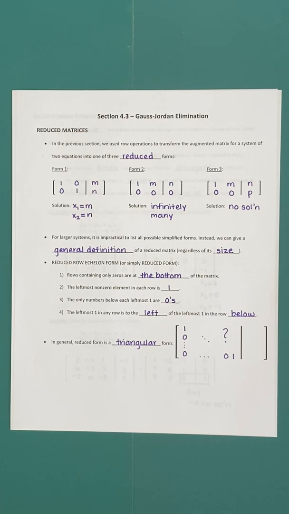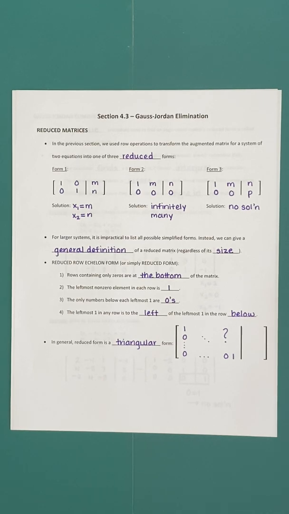So it's not going to be practical to actually write out all these different possible forms that we can encounter when we're looking at a larger system. Instead, what we want to do is give a general definition of what reduced means and what it's going to look like, regardless of the size of our matrix, the size of our system.